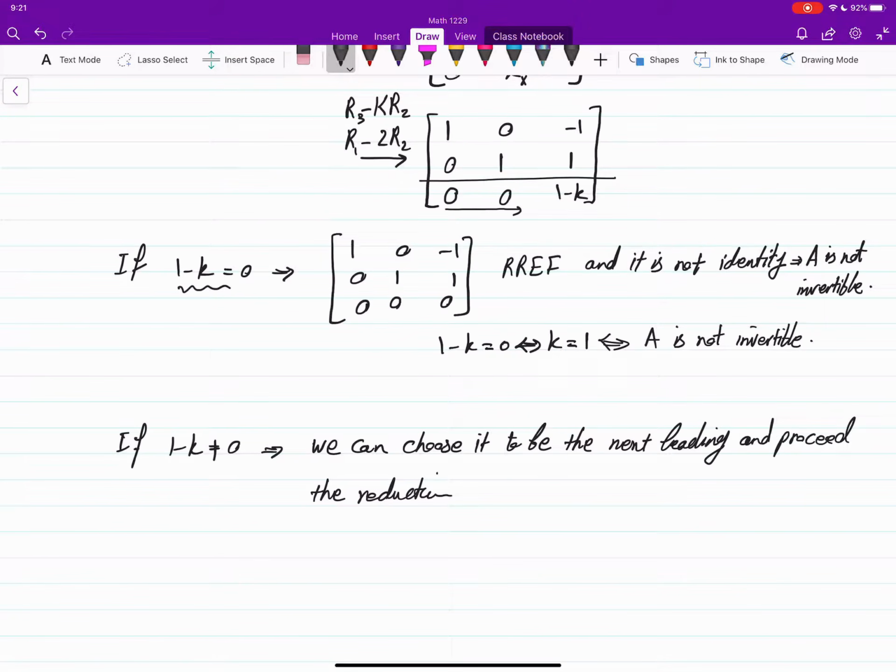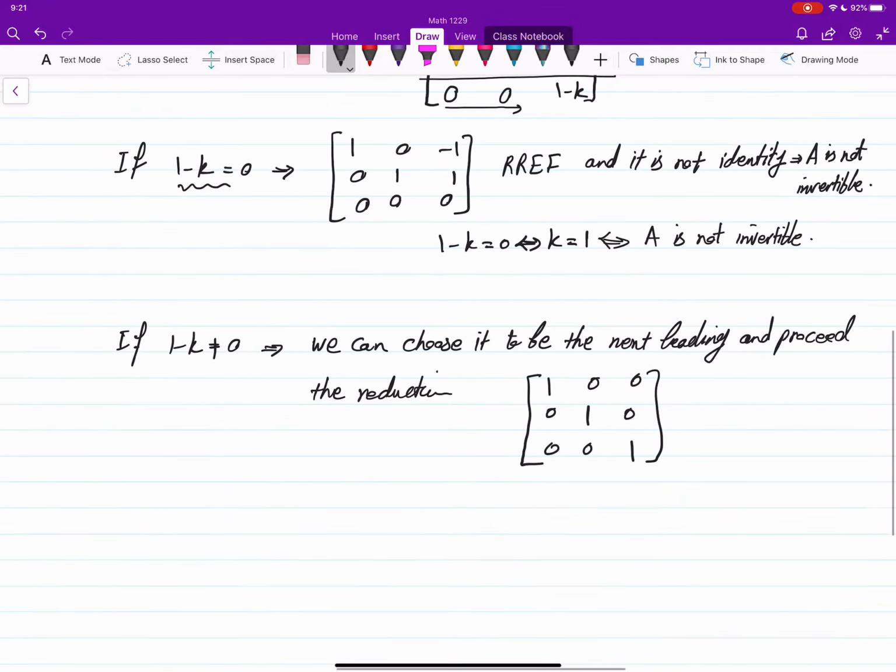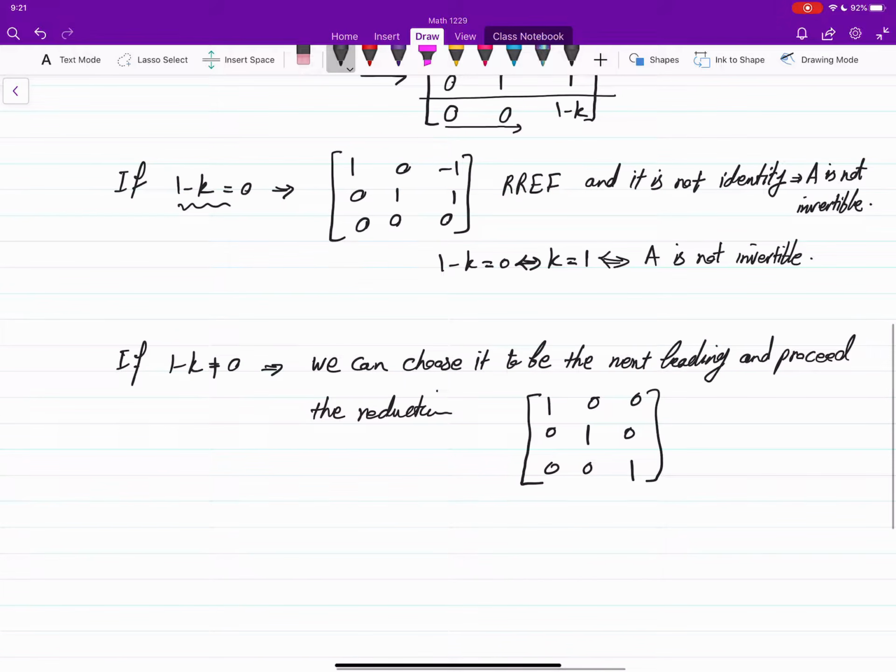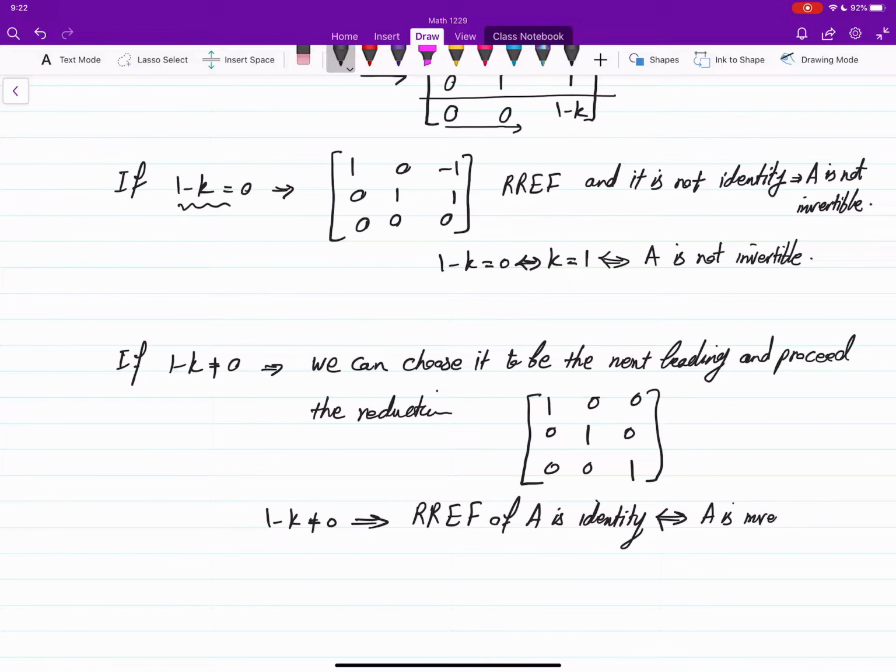So we will turn that into 1, everything else in that column 0, and this will be the identity. So for any number which makes 1 minus k non-zero, the row reduced echelon form of A is the identity, and as a result, A is invertible.